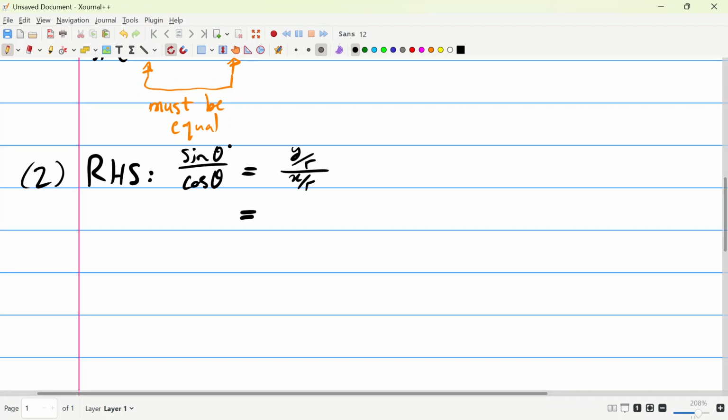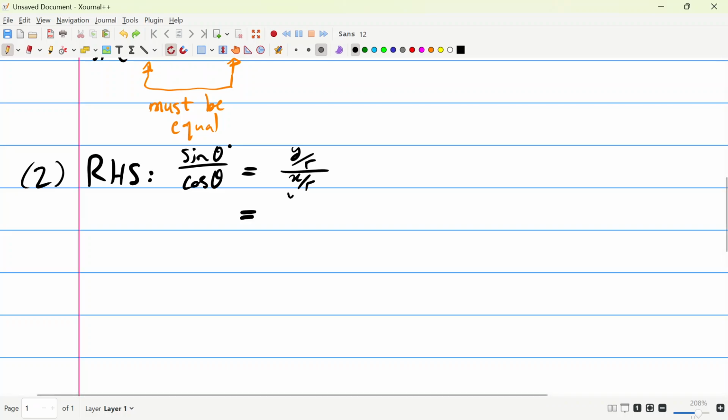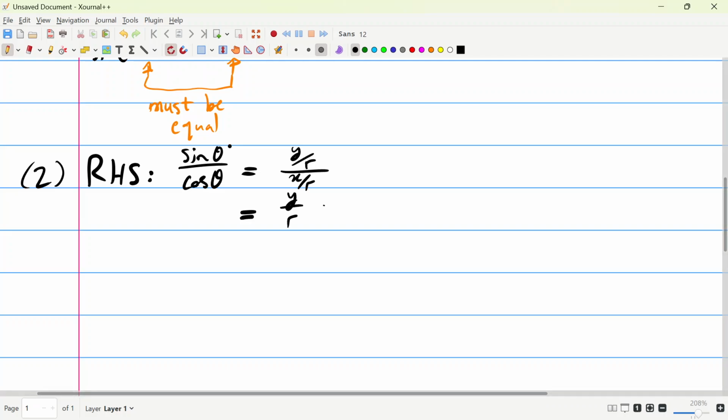And we need to simplify this. You notice that there's a fraction divided by a fraction, so we want to use the tip and times method, okay? That's a method that I usually use, where you can rewrite it as y divided by r divided by x over r, right? We can rewrite it like this.